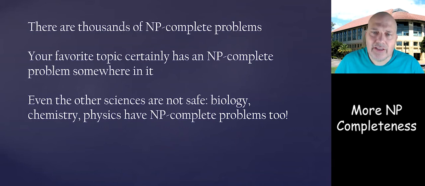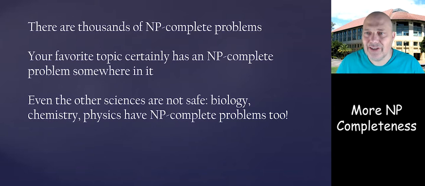For a while, NP-completeness was the major intellectual export of computer science in every area: biology, chemistry, physics, others. There have been various problems that turned out to be NP-complete. Since then, our understanding of NP-completeness has evolved, and actually this continued.